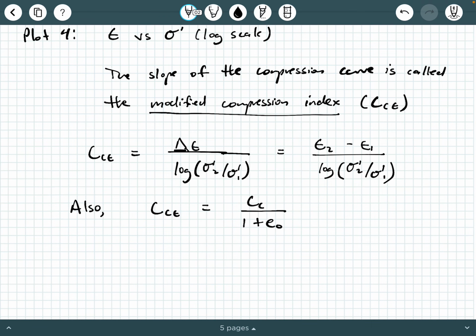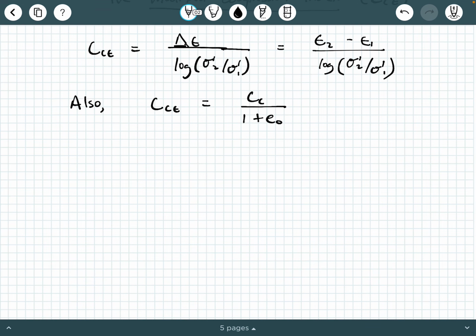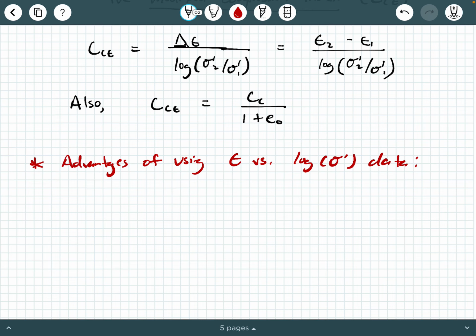So there are definitely some advantages of using epsilon versus log effective stress data. So let's talk about those real quickly. There are some advantages of using epsilon versus log effective stress data, okay?